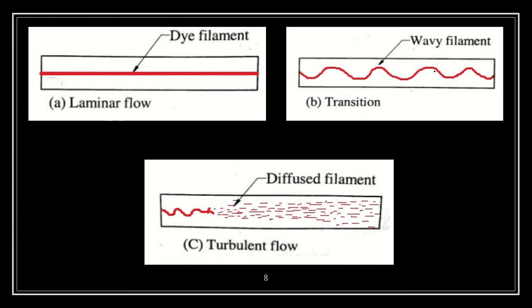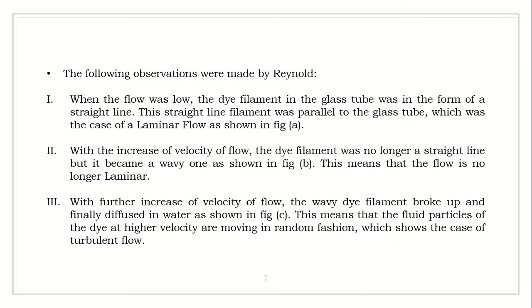When it was moving in a wavy form, he called it transition flow. Why? Because it is not purely a straight line, nor did it break up, so it is a mixed one. And when the dye particles got diffused into water and spread randomly, he called it turbulent flow. So these are the observations made by Reynolds.